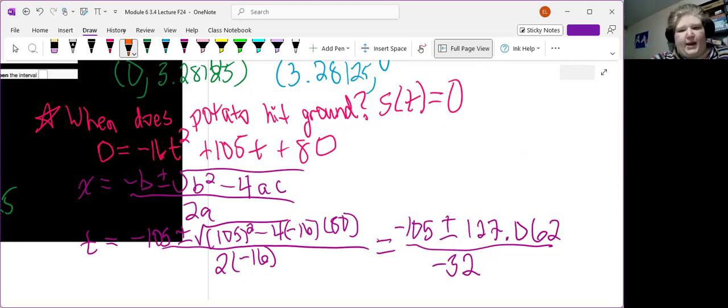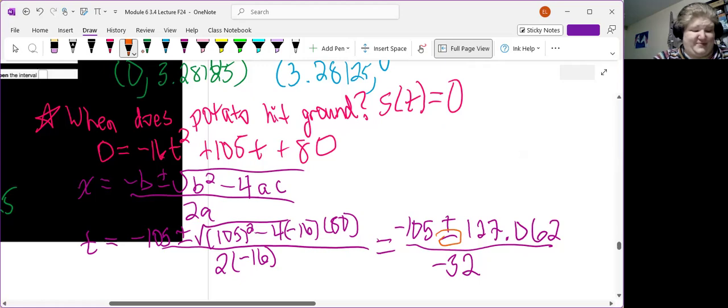All right. So we want the positive number. This is where it hits the ground on the right. To get the positive, though, since we're dividing by a negative 32, we actually need to use the negative. So that gives us negative 232 something, and then we divide that.